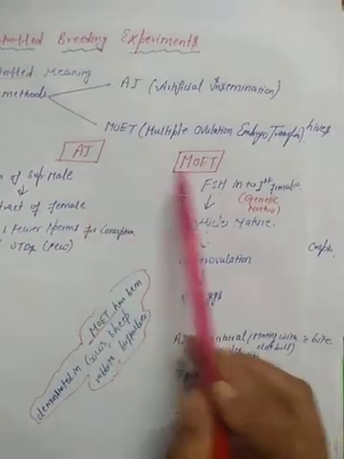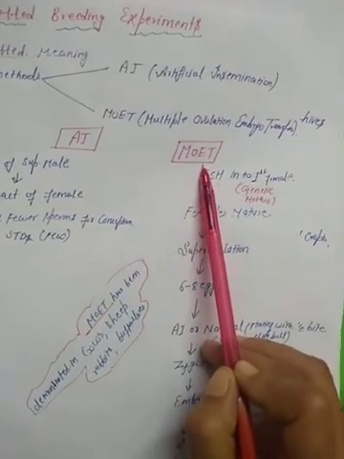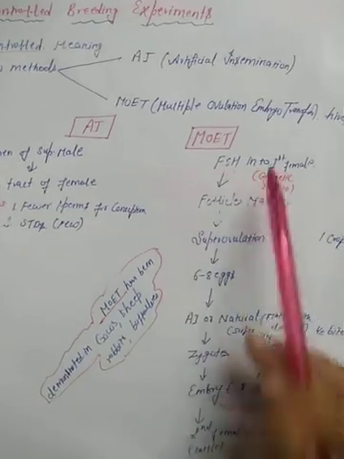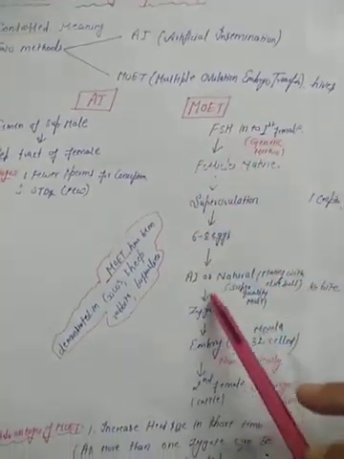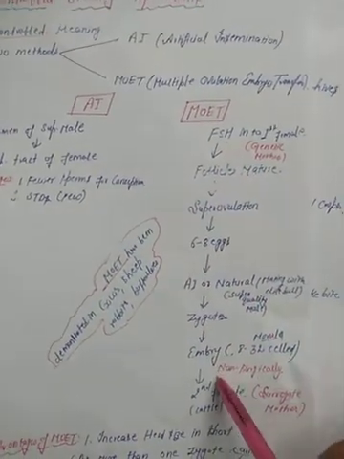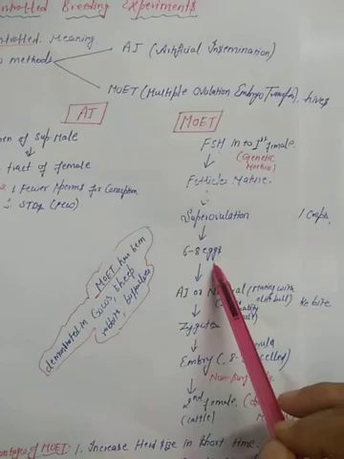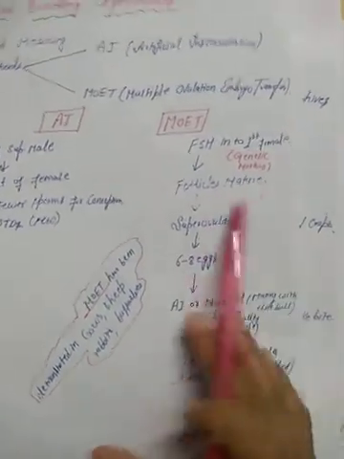So this technology has been developed nowadays. I will discuss all this technique in brief in the form of a flow chart, and it will be easier for you to learn and clear the concept, and it will be scoring also.